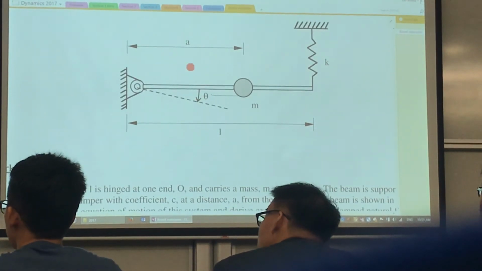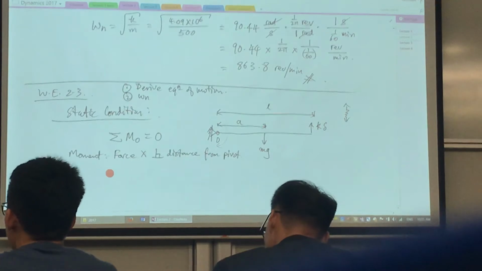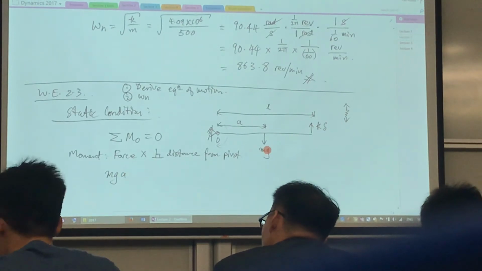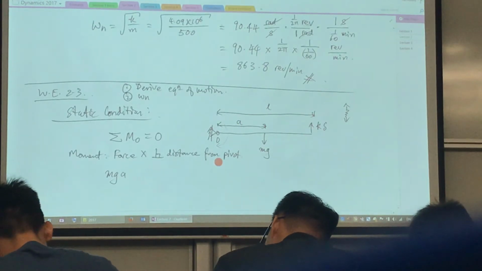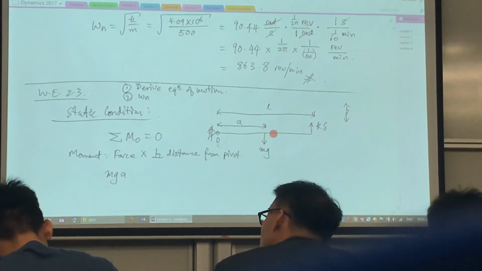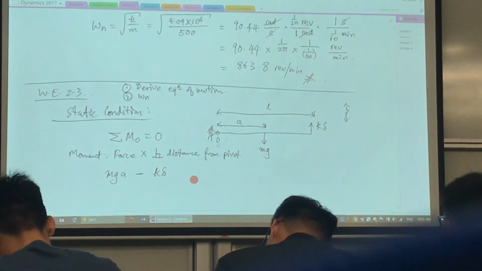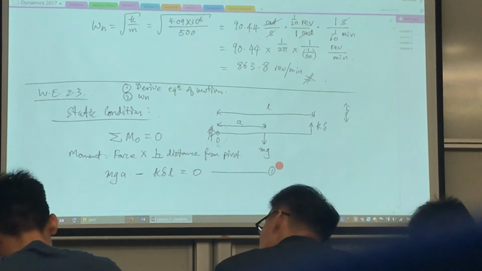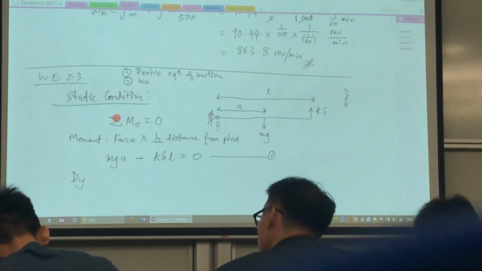So that moment will be mgA and is a positive value: force multiplied by perpendicular distance A. The other moment is going in the anti-clockwise direction, so it'll be a negative moment, and the force, which is K delta, multiplied by perpendicular distance L. The whole thing equal to 0. I call this equation 1. That's all for the static.